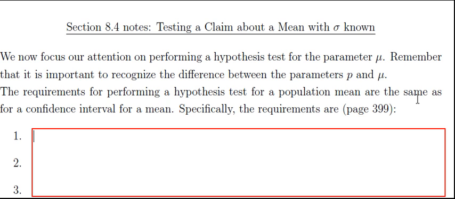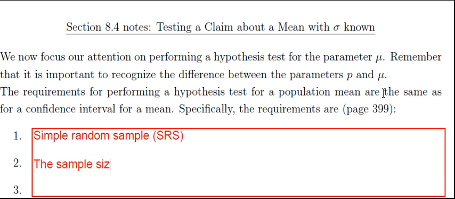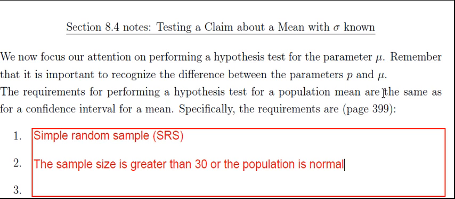We first want to check the assumptions for doing a hypothesis test for a mean. And the first assumption is that we have a simple random sample, which we abbreviate SRS. The second one is that the sample size is greater than 30, or the population is normally distributed.